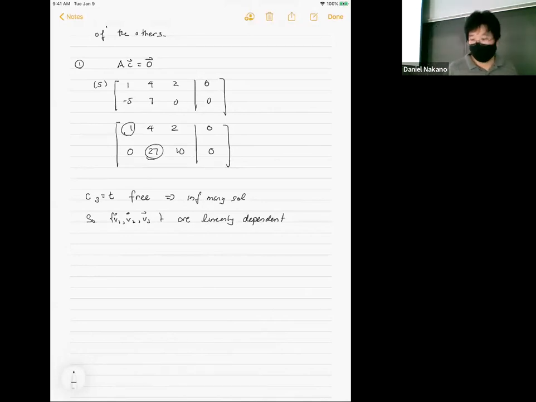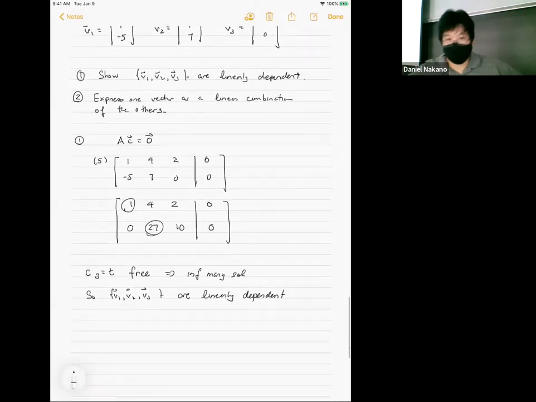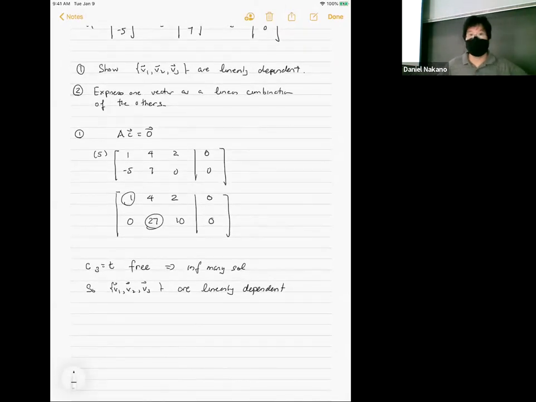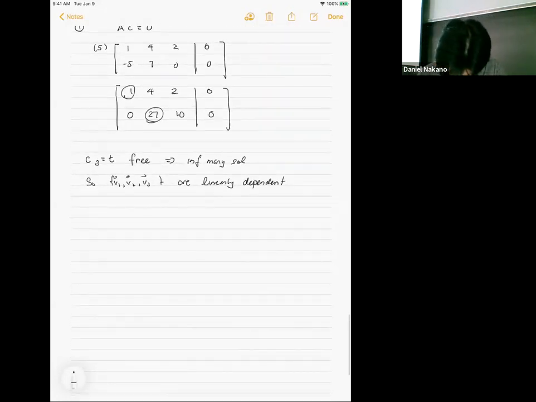All right, so now what do we have to do next? We have to express one vector as a linear combination of the others. So remember, what we're trying to solve here is C1 V1 plus C2 V2 plus C3 V3 is equal to 0.